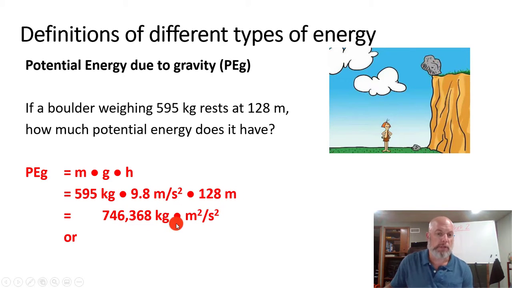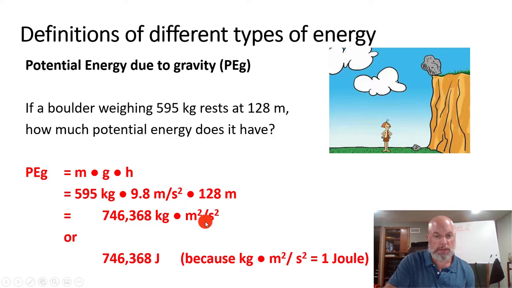So your unit really here is kilogram meter squared per second squared. And it just so happens that a kilogram meter squared per second squared is 1 joule. So as long as you do it in the right form with kilograms, meters per second squared, and meters, it'll be in joules. And your answer can just be a J.